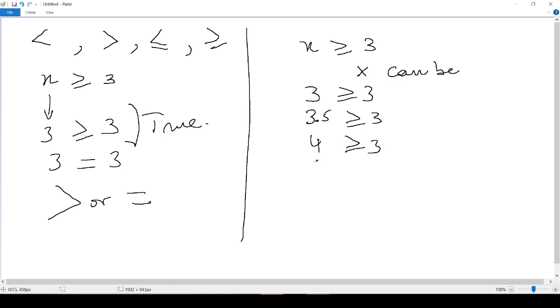We can have 5, 5.2, part of the solution. Any number that you can think of which is greater or equal 3 is part of the solution. So we will be having many solutions, and we can even say the solutions are infinitely many.